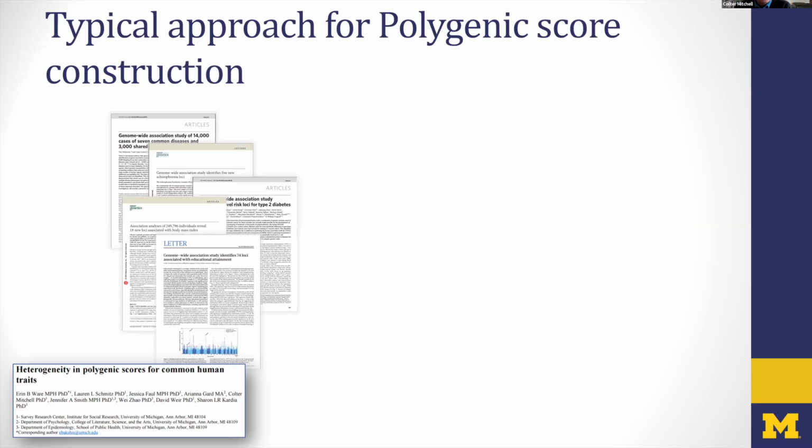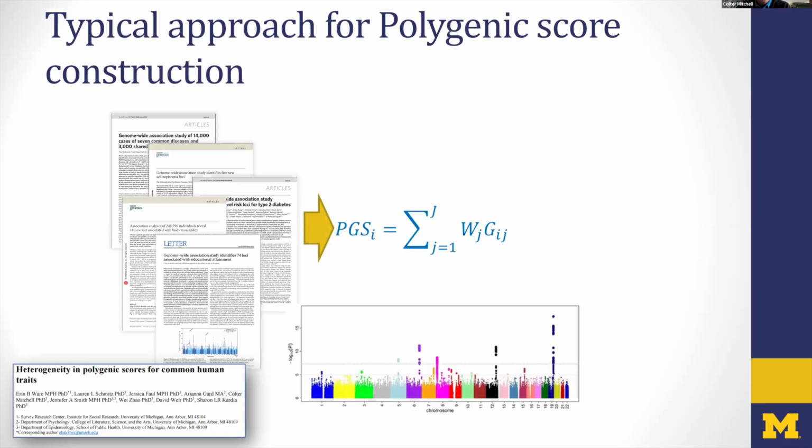fertility or number of children ever born, something you're interested in, and it wasn't done in your sample. It's done outside. What you can do is take all of those results, and because we know the addresses, you can pull all that information, extract it, and create a score.